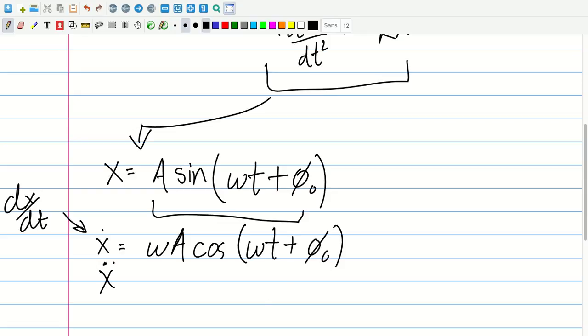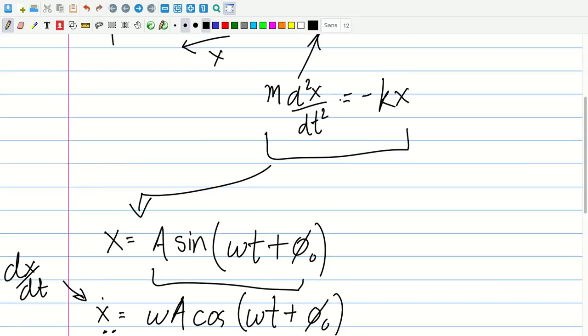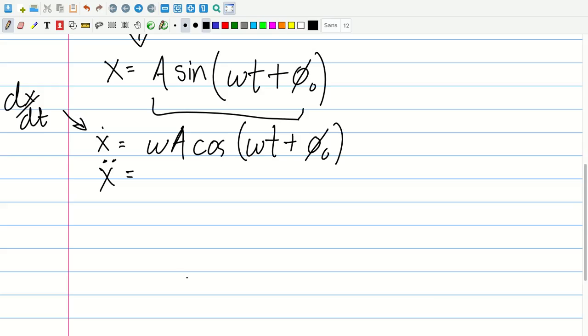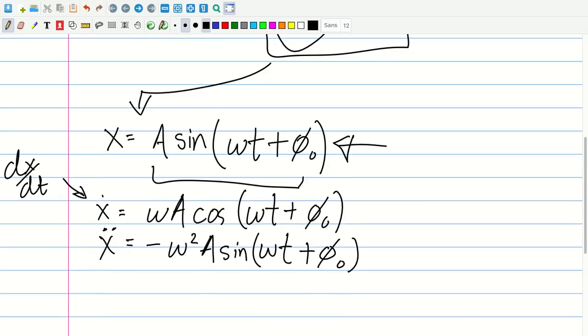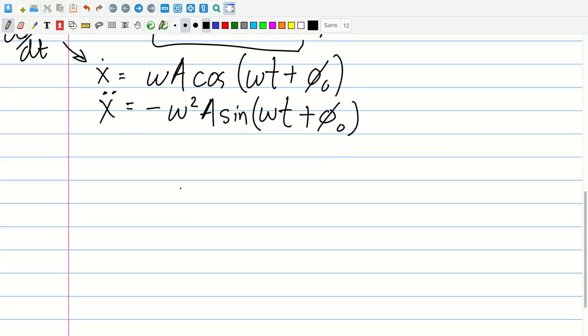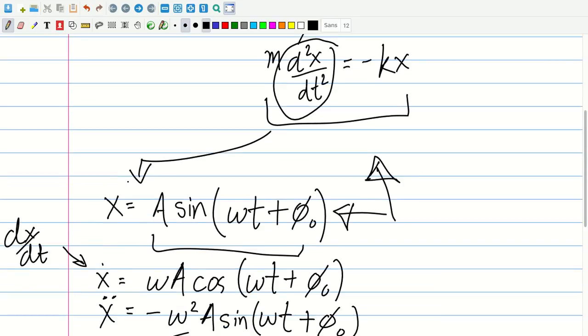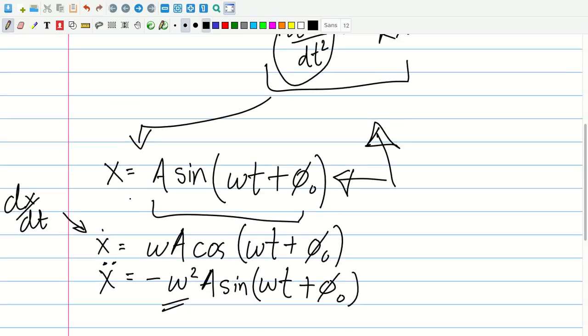And so x double dot, the second time derivative, is going to be negative omega squared A sine of omega t plus phi. The reason I picked this is because I know it solves this differential equation. Now let's sub in.